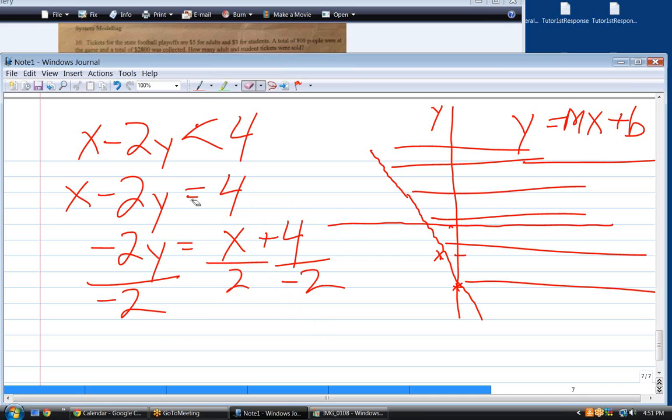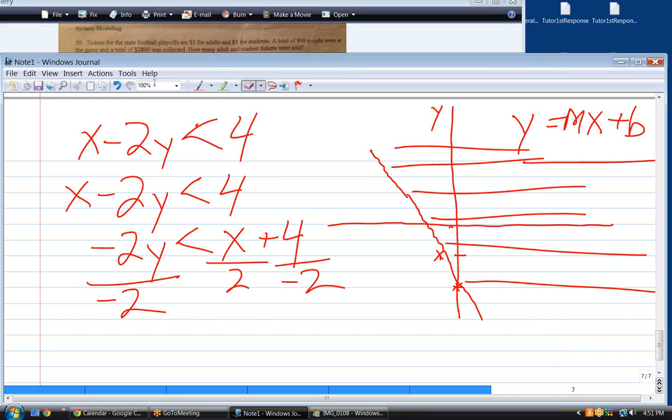I use this, change it to an equation in order to graph it, but sometimes that's not really the best thing to do. And I'll show you why. If we leave it as an inequality and try to solve it, and put it into y is less than mx plus b, that's better.